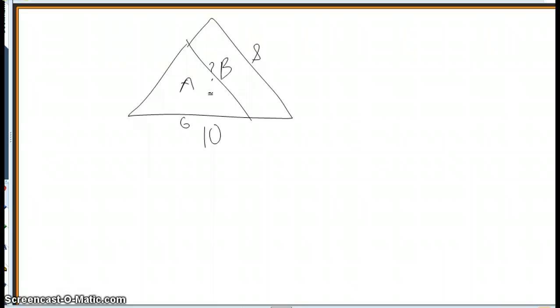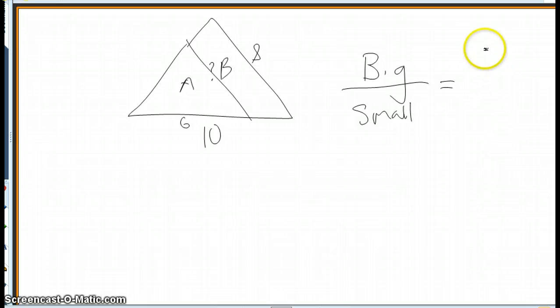Now this is the rule, and you'll hopefully remember this. Big divided by small is equal to big divided by small.